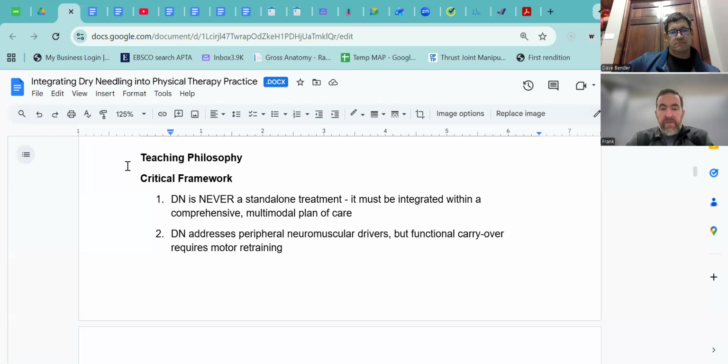So after you do some needling, if you're working on neuromuscular drivers, do some light-load movement pattern retraining to really help cement that in the higher brain centers. It makes great sense. If you're trying to down-ramp the sternocleidomastoid and you've chosen to needle it, then right afterward, deep neck flexor exercises and neck movement patterns, which down-train sternocleidomastoid and upregulate longus colli and longus capitis in the deep system, are certainly appropriate.